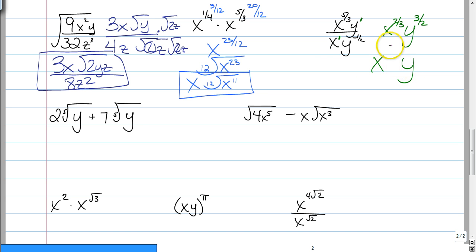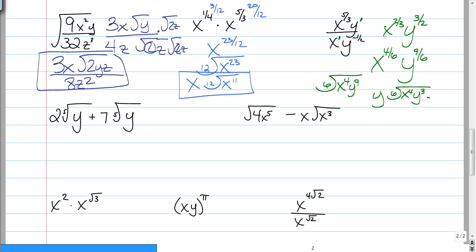So this is x to the, you're going to make this 4/6, and you're going to make this 9/6. So you end up with the 6th root of x to the 4th, y to the 9th, but 6 goes into 9 one time. So you have to pull out a y, and that's going to leave you with the 6th root of x to the 4th and y cubed.